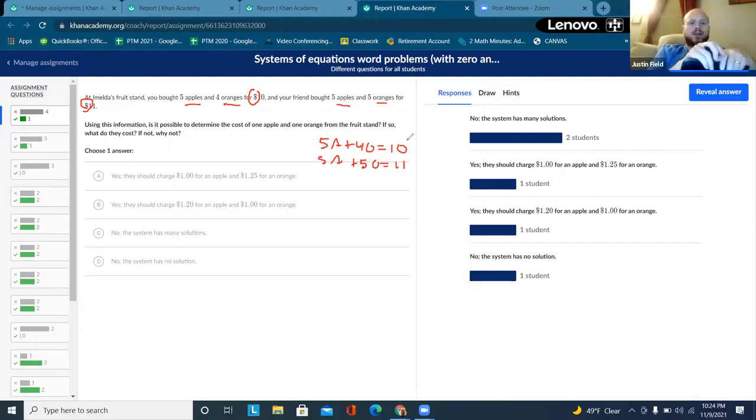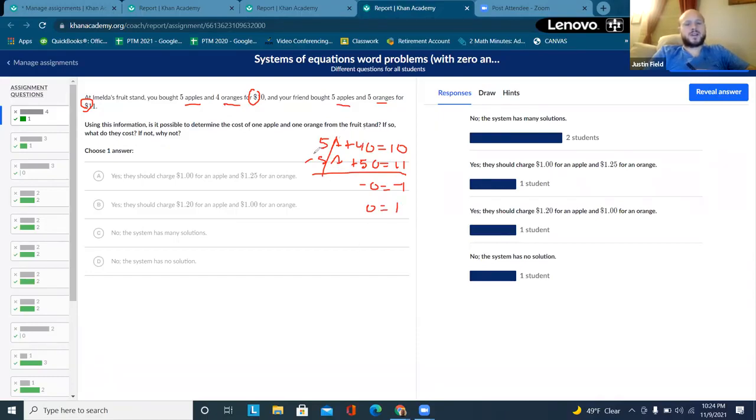Okay, so all we got to do is use elimination, right? We can even just subtract the two systems. Subtract those. That's going to be -o equals -1. So O, orange, is $1.